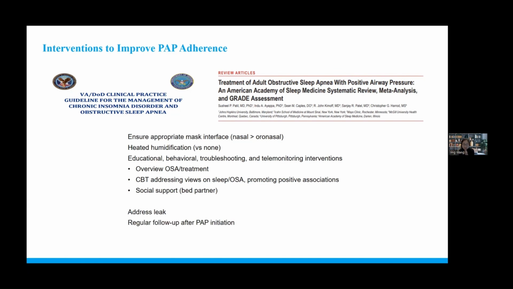Also, you want to address leak and make sure you have regular follow-up, to continuously review how the patient is doing and address any potential issues.